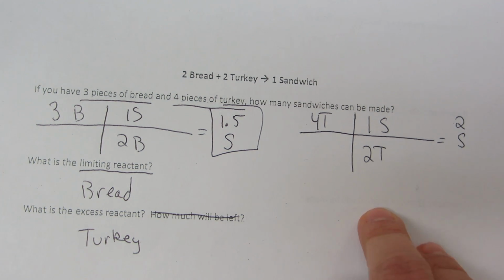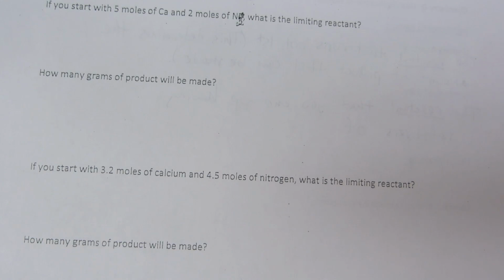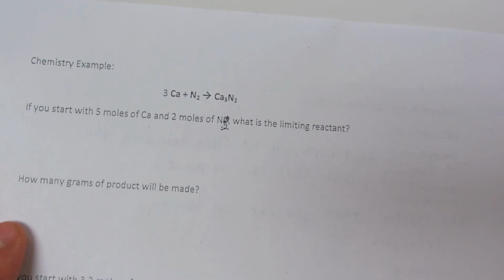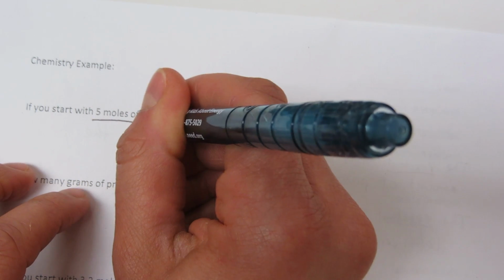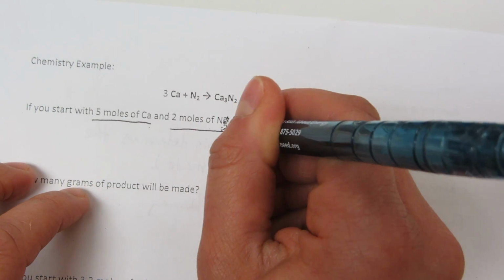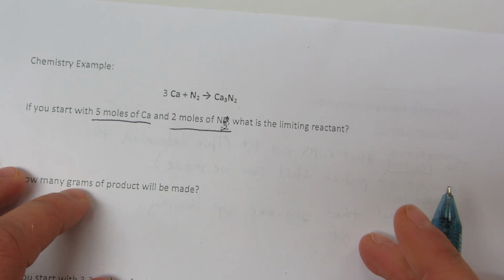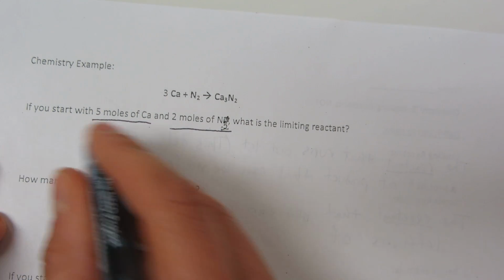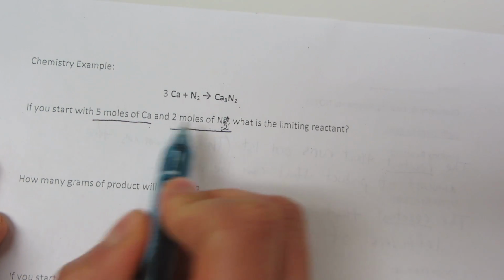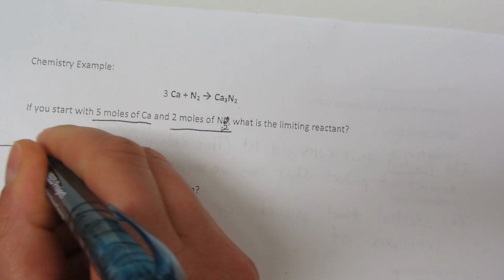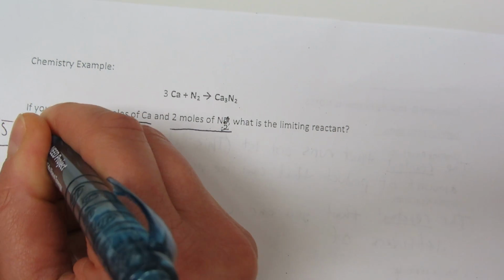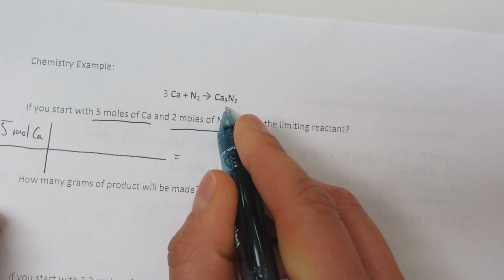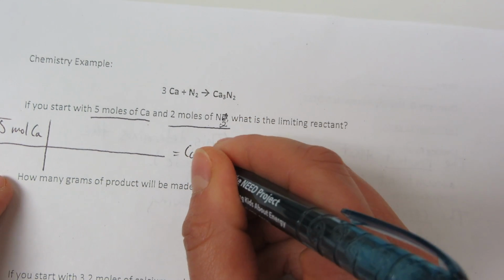Alright, let's try a chemistry-based one. Here's our reaction, and it's saying, what if you had 5 moles of calcium and 2 moles of nitrogen? Which one is your limiting reactant? You always need a T-chart for each given you have. So we're going to have a T-chart for the calcium: 5 moles of calcium. We want to know how much product we're going to make, the calcium nitride.